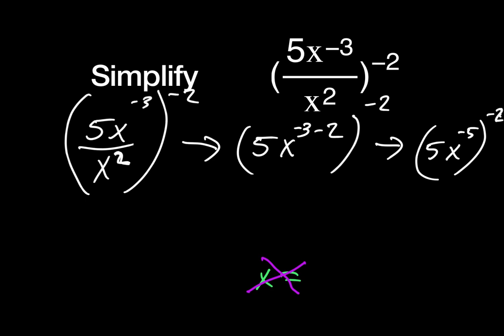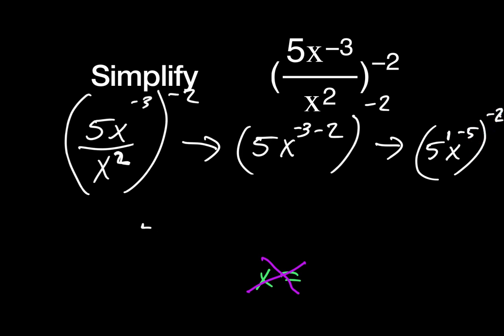Now I have powers raised to powers, and I'm only multiplying. It's not a bad idea to remember that 5 is the same as 5 to the first power. So when I bring the exponent in, I'm doing exponents times exponents because it's powers raised to powers.